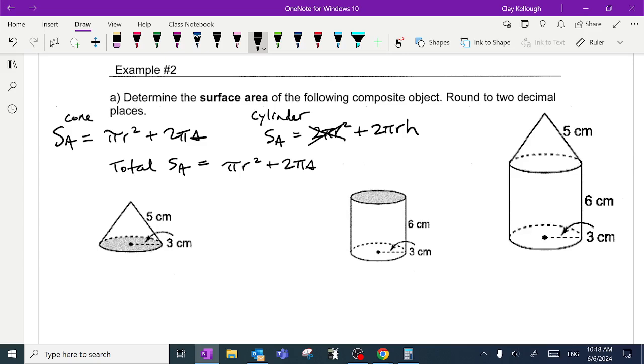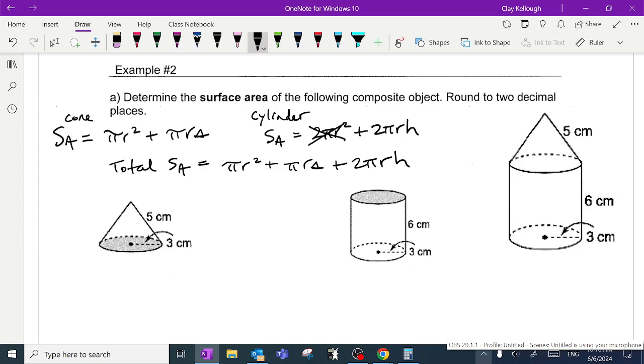No, it's pi rs, isn't it? Yeah, that's a mistake. Can you fix that? My eraser's not working. There we go. Plus pi rs. That's better. So, my total surface area is this pi r squared plus pi rs plus 2 pi rh.